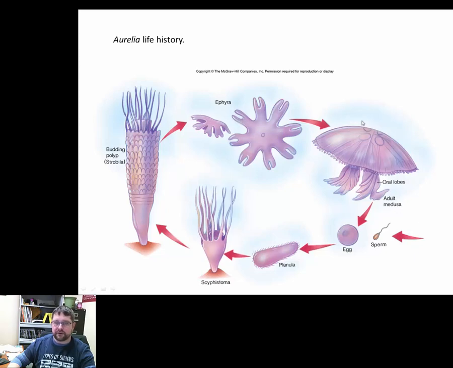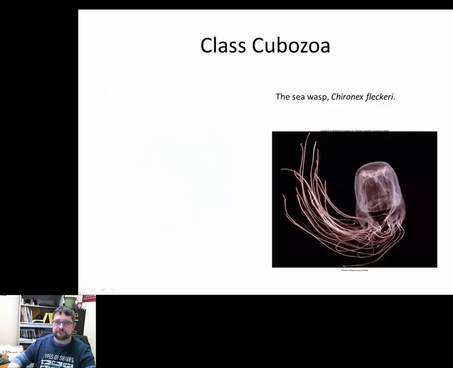So before it becomes a medusa, the ephyra is this kind of free-floating phase of Aurelia. The medusa, again, there are both male and female medusas. They're going to produce eggs and sperm. The planula larva becomes a stationary larva, and then goes through the budding phase, etc.